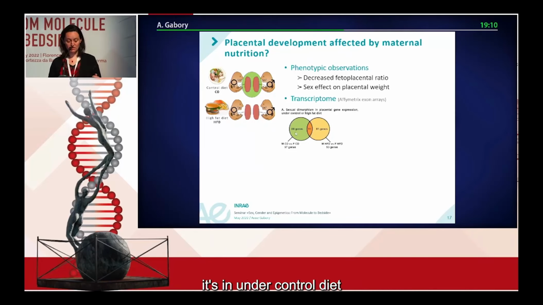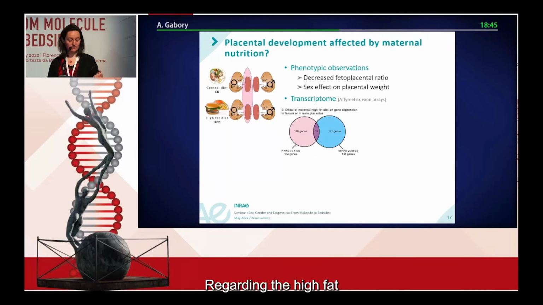And here in green, it's under control diet, and in yellow, under high-fat diet. So what you can see is the differences between sex are dependent on the maternal diet. And there are only 11 genes here that are differentially expressed between male and female in the two diets, and they are mainly associated with the X and Y chromosome.